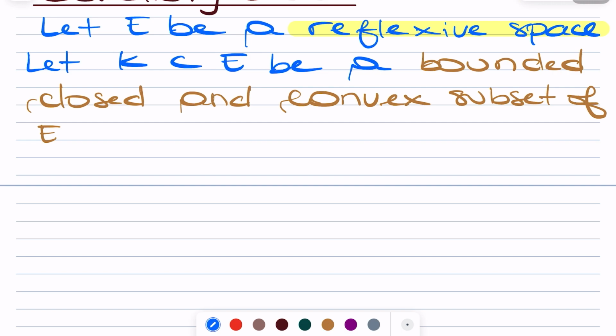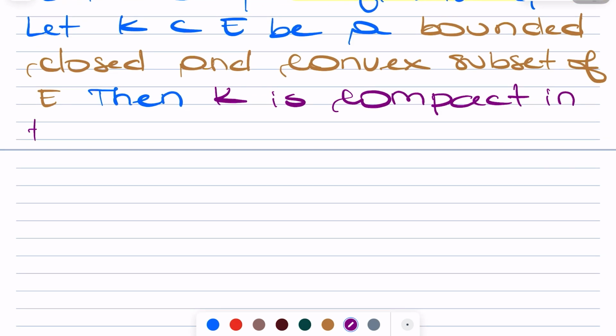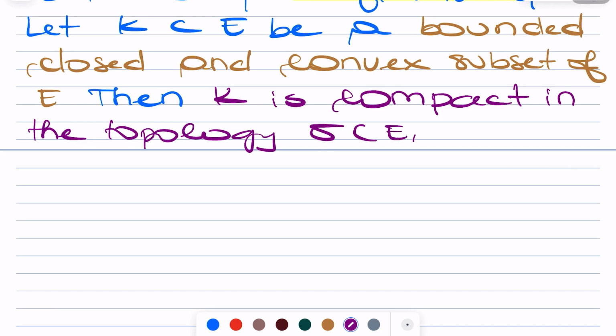Then K is compact in the weak topology, in the topology sigma E E star.